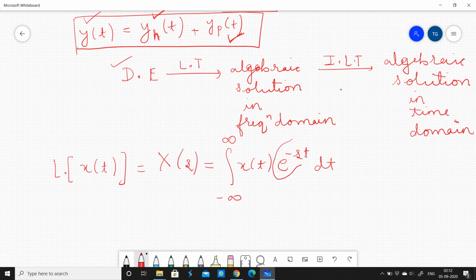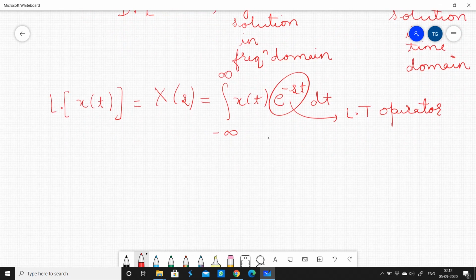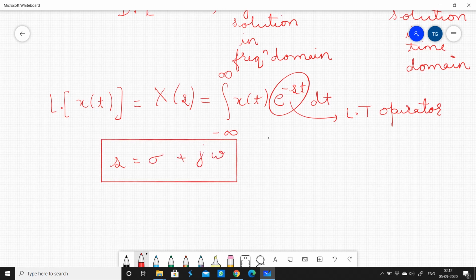So e^(-st) is the Laplace transform operator, where s is equal to sigma plus j omega, and we know that e^(-j omega t) is nothing but the Fourier transform operator.